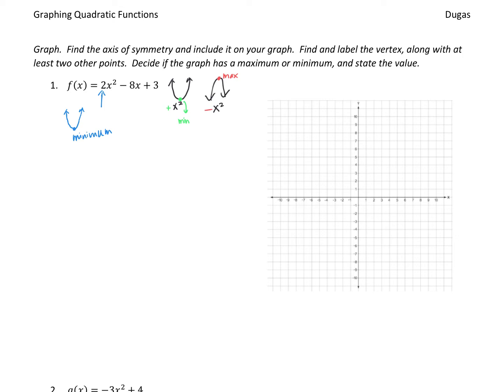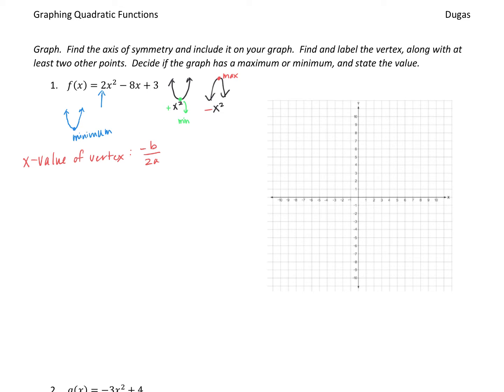Let's figure out now how to find the vertex. To find the vertex, you can use the formula. The x value of the vertex can be found using the formula negative b over 2a. b is always in front of the x, and a is always in front of the x squared.